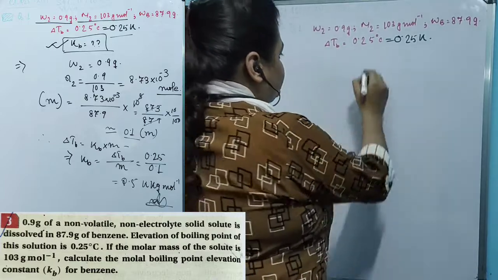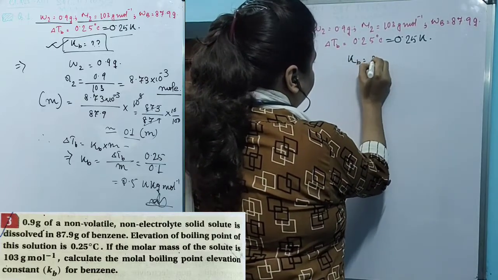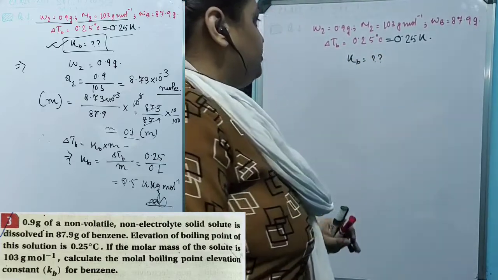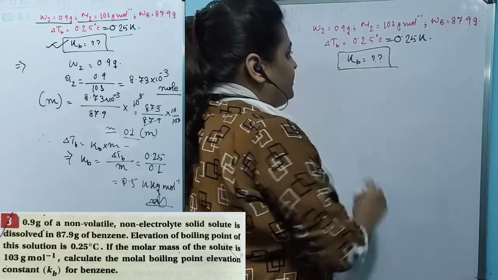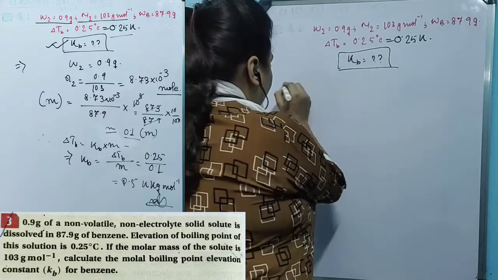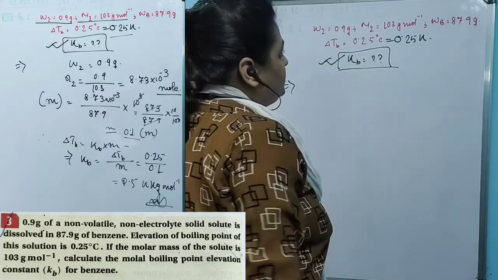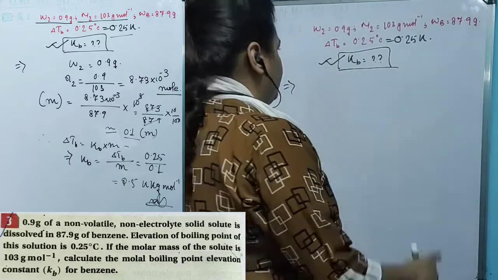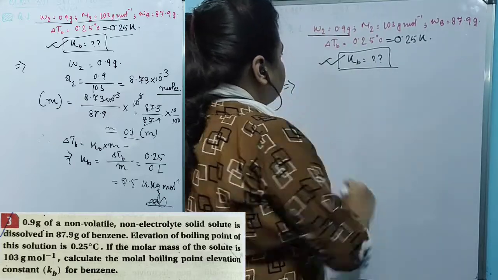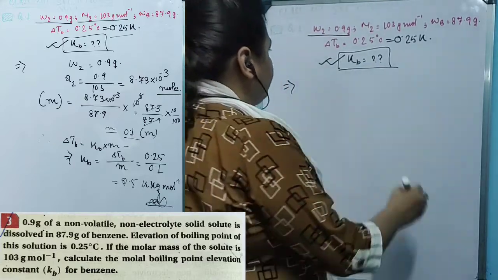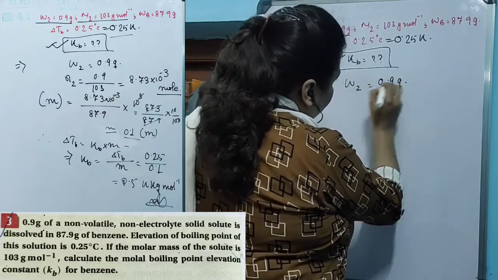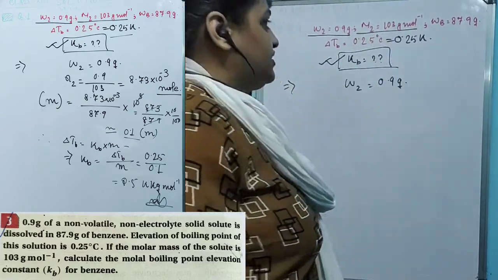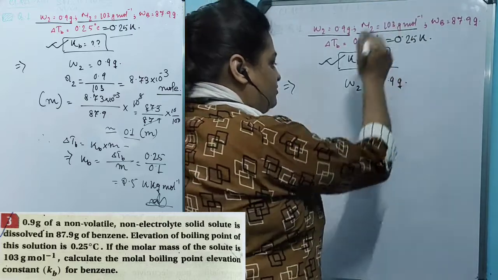Now they have asked you to calculate the KB, the elevation in boiling point constant, KB for the benzene. That is the question that they have asked. So to calculate this, we have to calculate the molality of the solution. The mass of the solute, W2, equals 0.9 gram, and the molecular mass of the solute is 103 gram per mole.